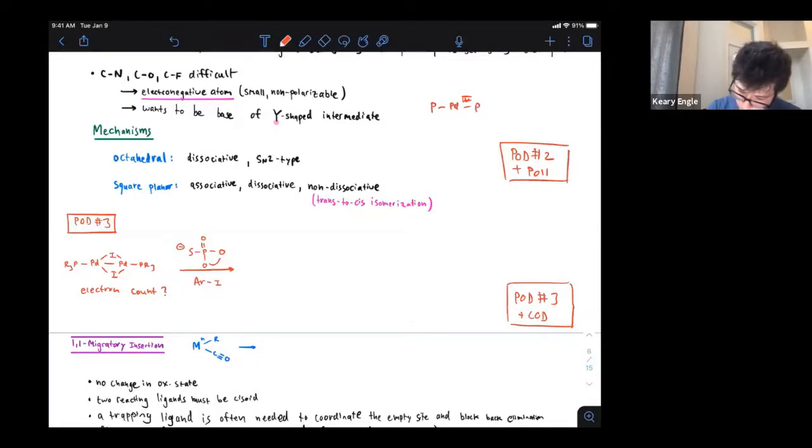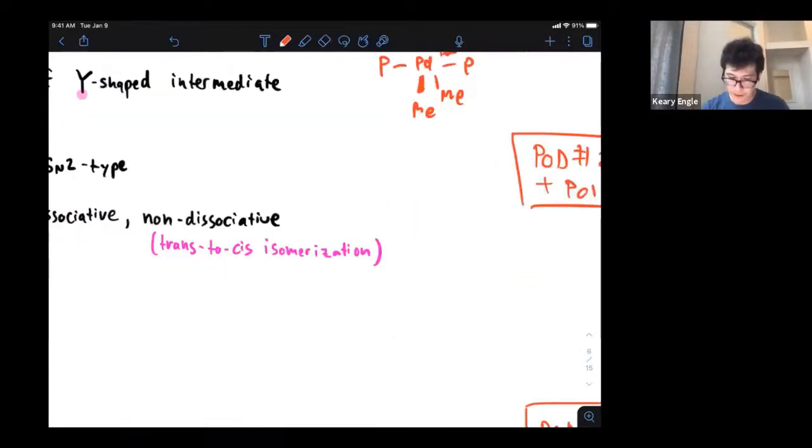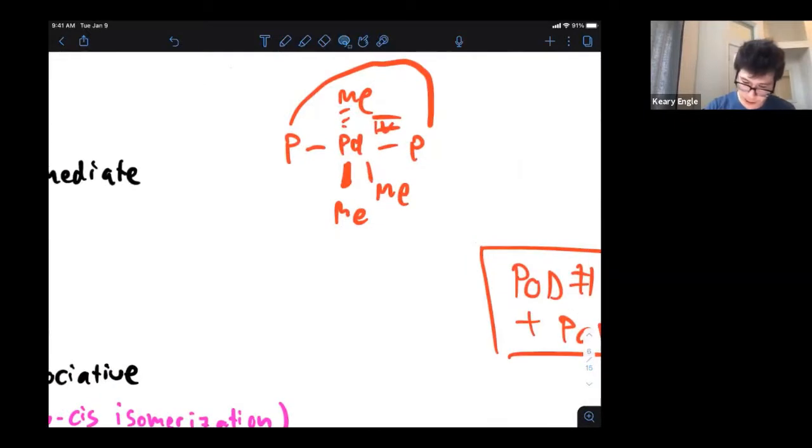So Sunghan proposed that we have this trans-spanning ligand that we talked about. And Sunghan proposed oxidative addition to a palladium 4 intermediate that would look like this. Let me draw this oxidation state more clearly.